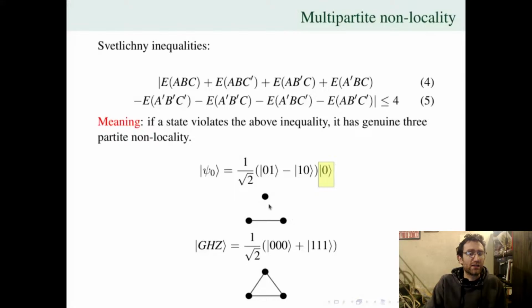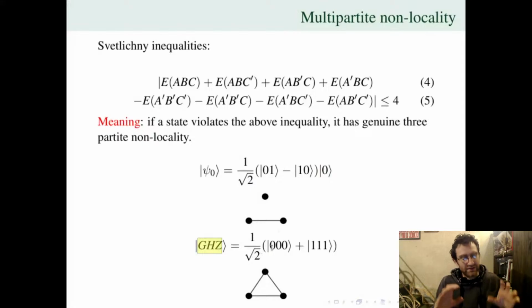Why? Because you can create a bipartition of the system in which the correlations between these 2 parts can be modeled using local realism. But then you want to distinguish the top situation from the bottom situation, in which you have something like the GHZ state.